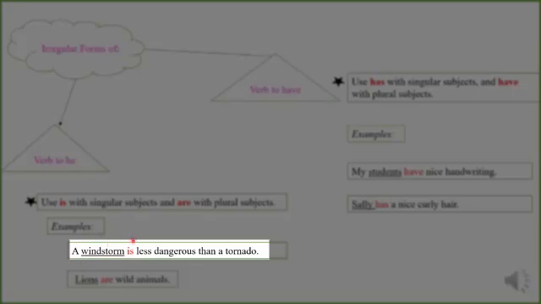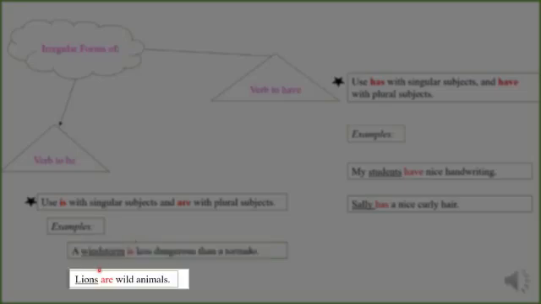It should take a singular verb, is. Another example. Lions are wild animals. Are. Okay, because the subject here is plural. The plural subject takes are and not is.